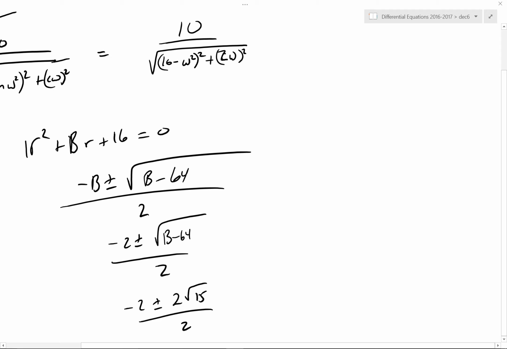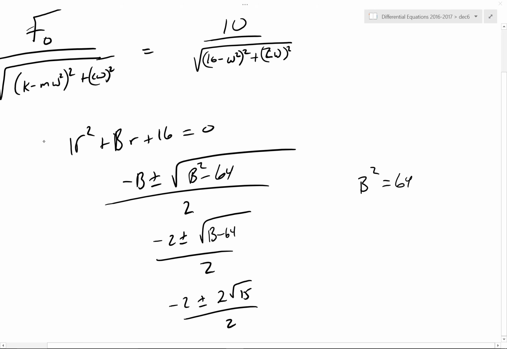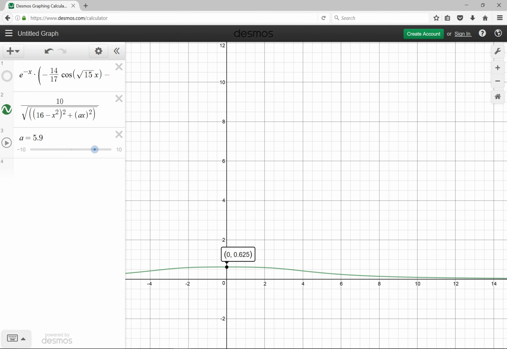It looks like b squared minus 64, when b squared is equal to 64, that's when we're going to have our one solution deal, right? So let's see if we can see what's going on here. This is when we are at 5.9. So somewhere in the 6-ish range, 5.9-ish range is where we tend to lose out.